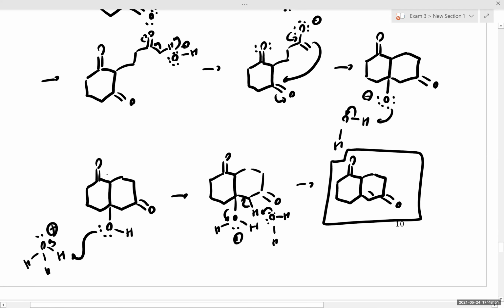This reaction actually works best when we have an R group at this position.